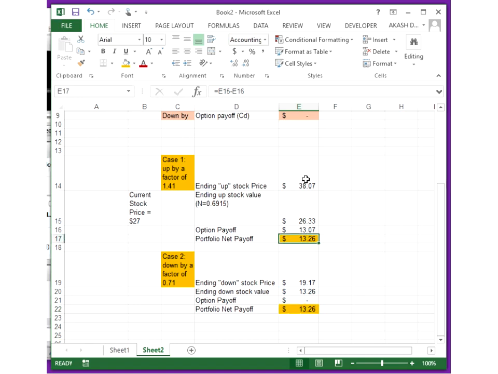That's equal to 13.26. So you've created a perfect hedge. So in either case, now you're not worried. If it goes up, you will still make 13.26. If it goes down, you will still make 13.26. So you got a perfect hedge.